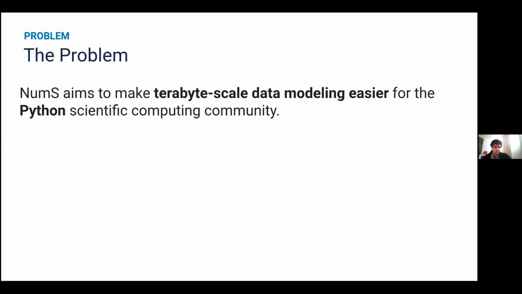Let's talk about NumS really quickly. So what's the problem here? Why did we develop NumS? Both Ray and NumS are Python libraries, and the Python scientific computing community isn't as adept or familiar with a lot of the parallel computing concepts that we've covered in class this semester.